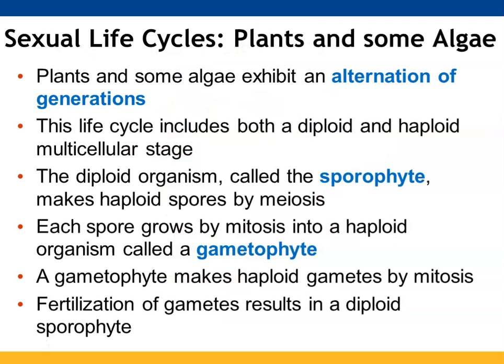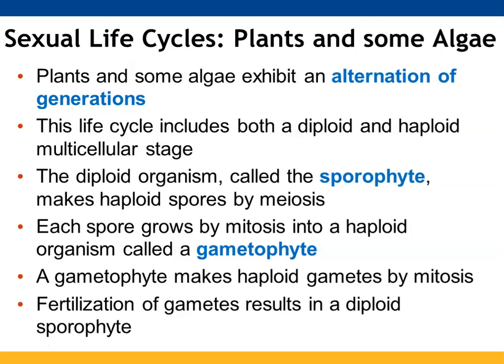Now we're going to look at plants and some algae. These are different because they do what we call an alternation of generations. They have two multicellular forms, one that is diploid and one that is haploid. The diploid organism, known as a sporophyte, is able to make haploid spores via meiosis.